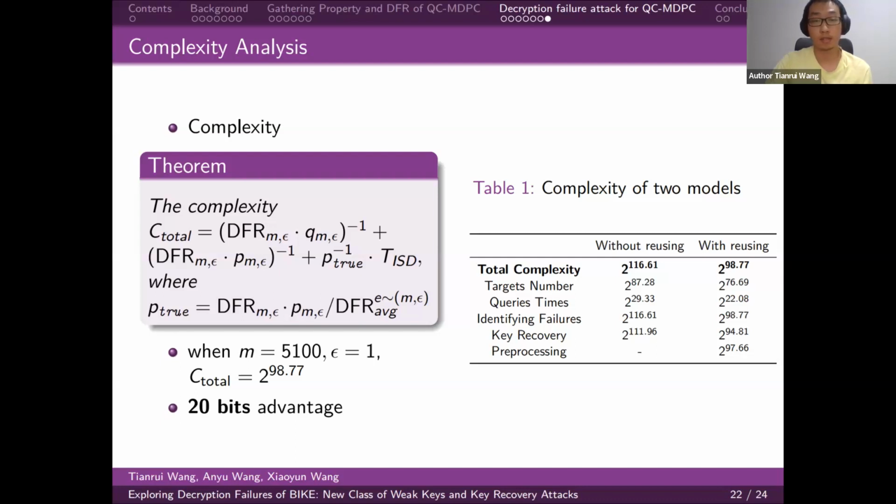And the final complexity is 2 to the power of 98, having 20 bits advantage compared with the model without ciphertext reusing. The right table is a comparison of 2 models with the best parameters in our experiments. We can see that the model with ciphertext reusing needs pre-processing, but it has lower total complexity.